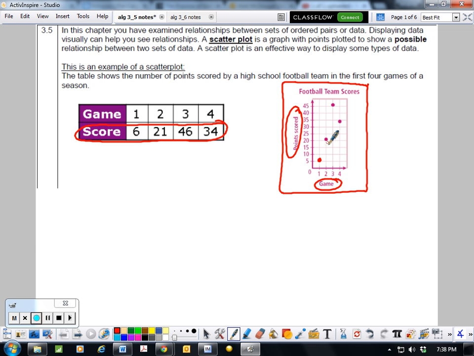And as we look, it doesn't look quite linear because this one's a little low, this one jumps up high. And so we're not finding a big pattern there, but we see a pattern that as we play more games, the points scored somewhat increase.